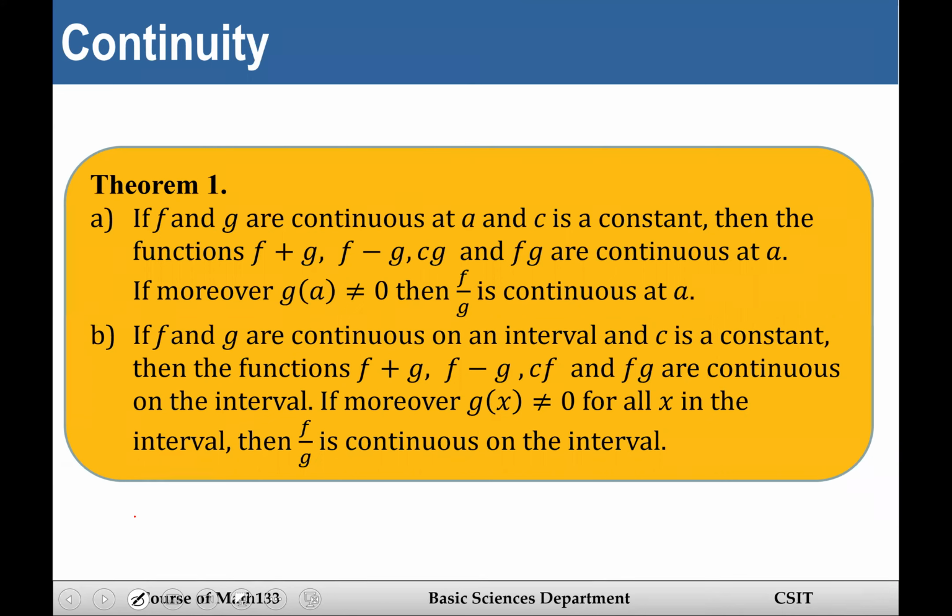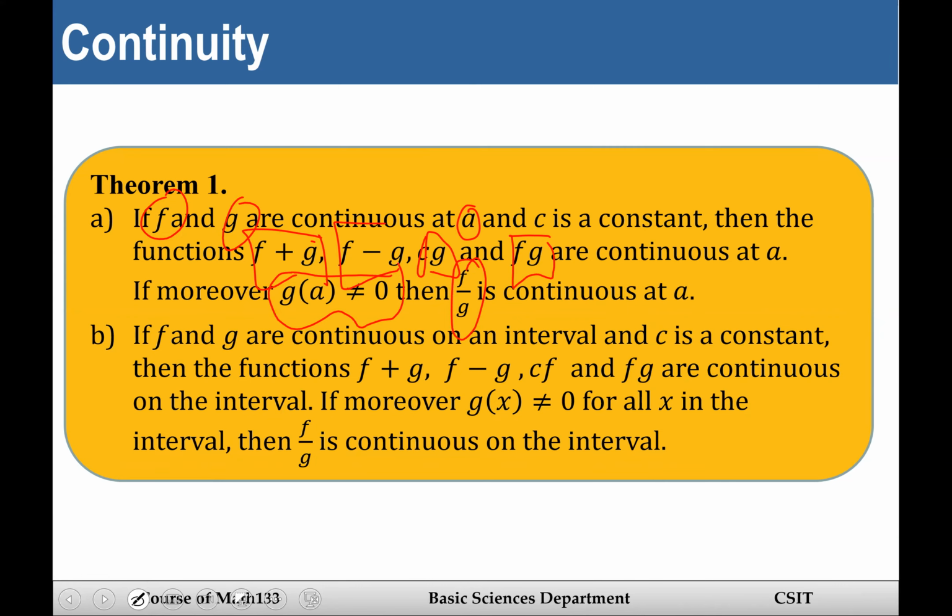So you start from f and g continuous at a point a, then the addition, difference, multiplication by a constant, the product f times g is continuous at a. The only attention is for when f over g, then we have to pay attention that g(a) must be not equal to 0.